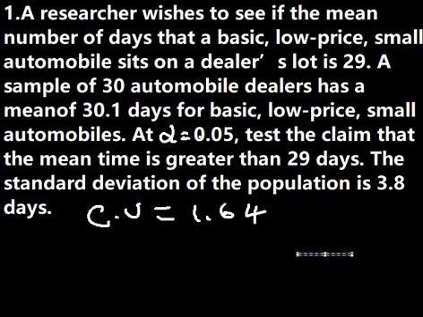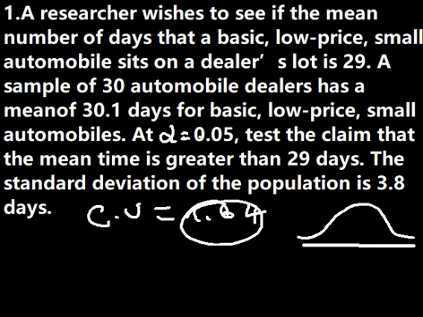I understand you know what the normal curve is all about. That is a very important idea to understand about the normal curve concept. So this is the normal curve. Since the value is positive, it is on this side. We'll have it as 1.64, and since it is right-tailed, we shade this region.